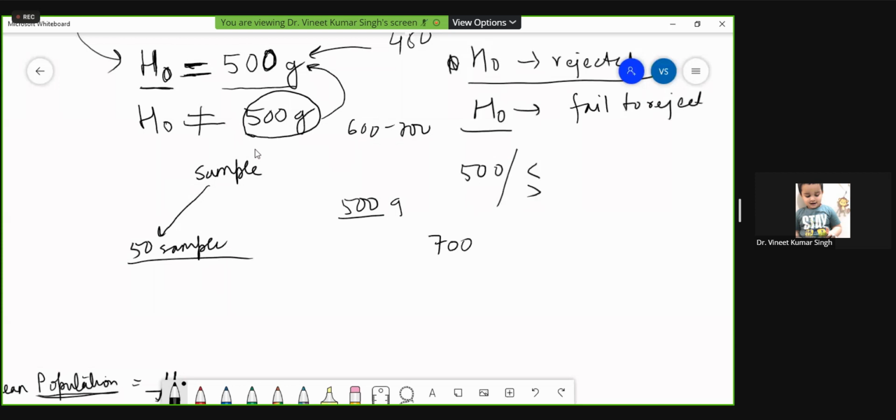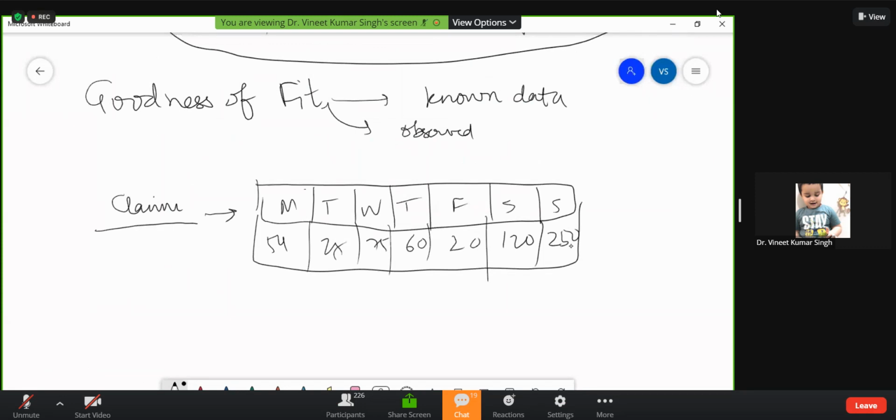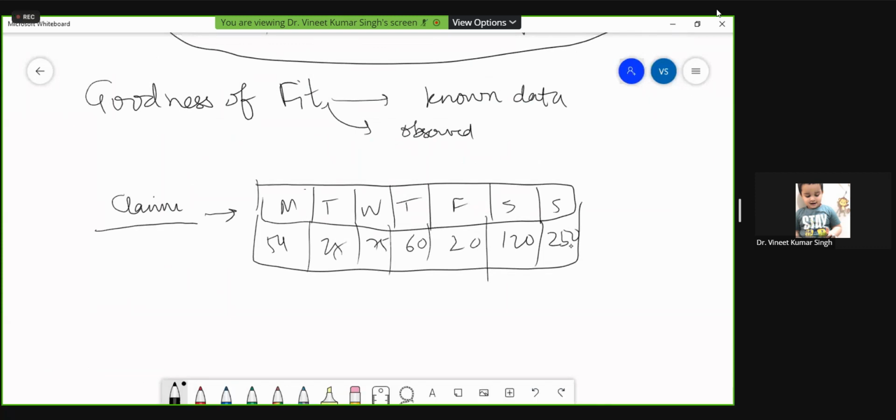So this is the claim made by the person, or observed value. What will be the expected value? Does it vary significantly from the expected value or not? This is known as goodness of fit.